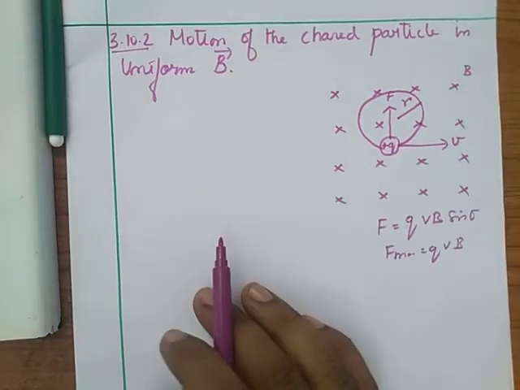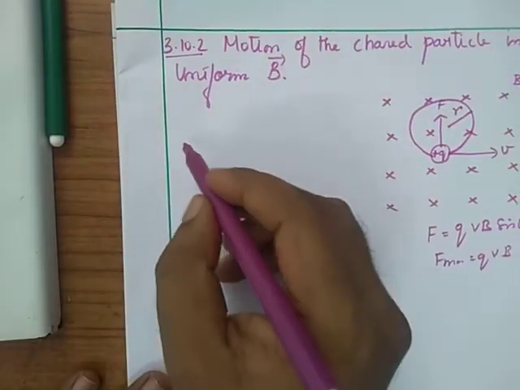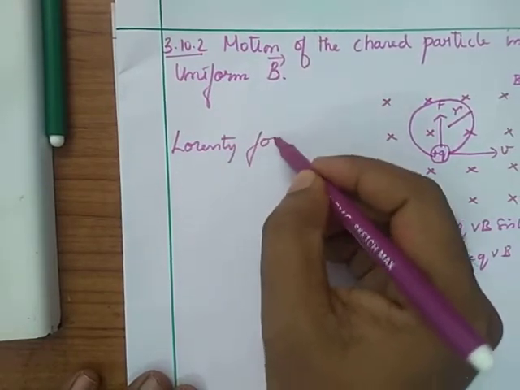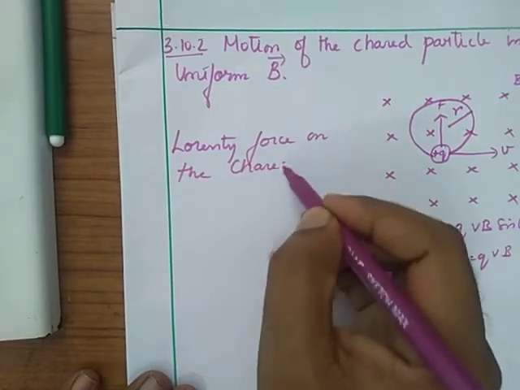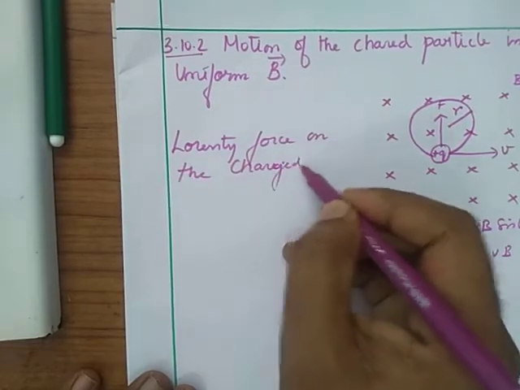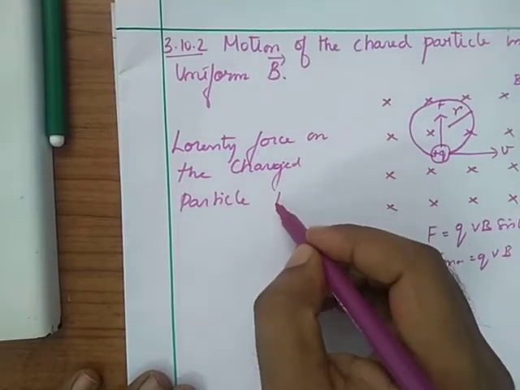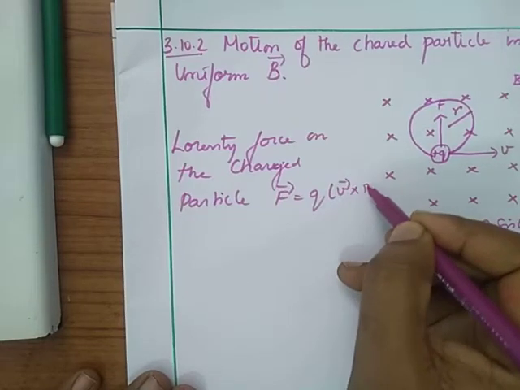Then we can write the Lorentz force on the charged particle is F vector equal to q v vector cross B vector.